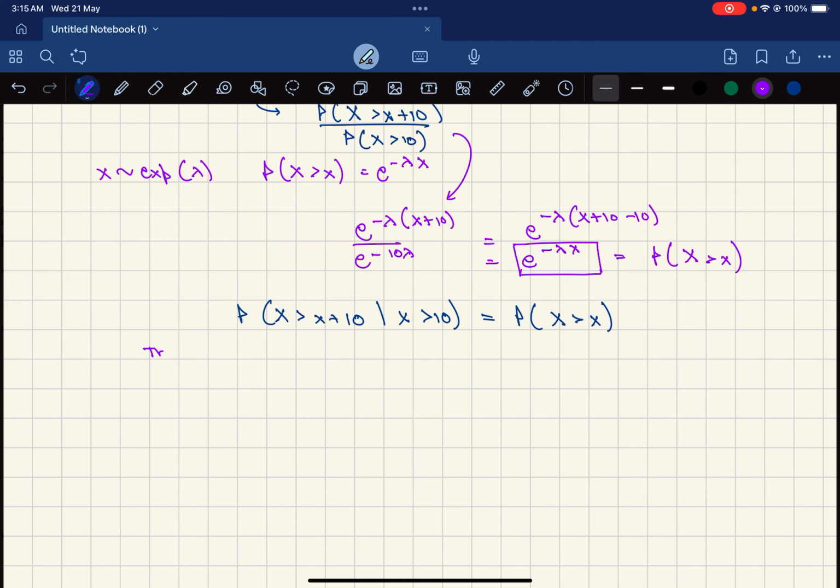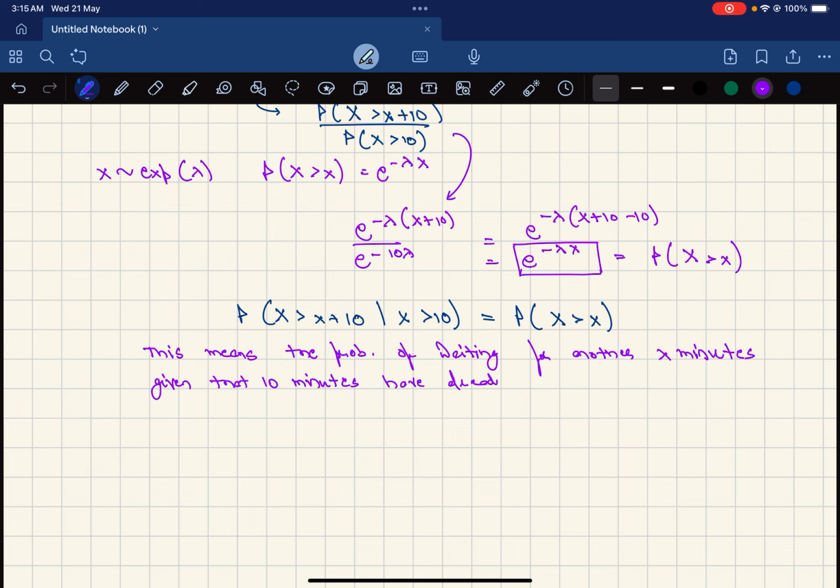This means the probability of waiting for another x minutes, given that 10 minutes have already passed, still remains the same.